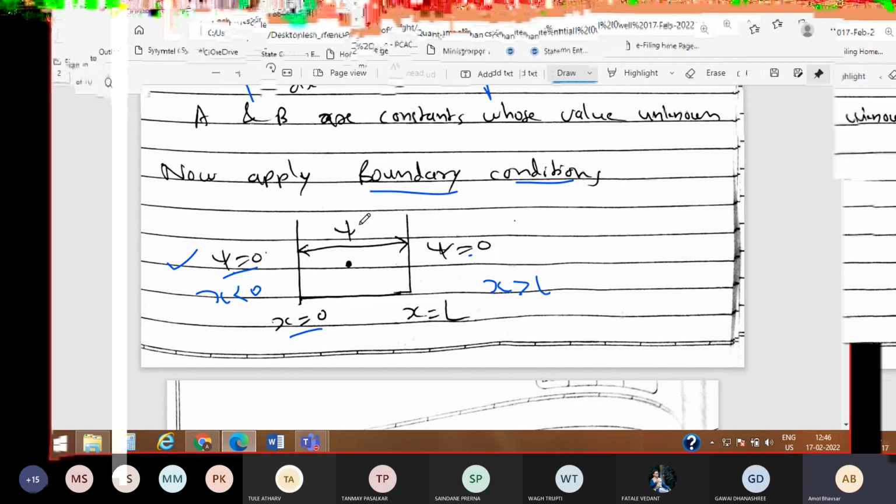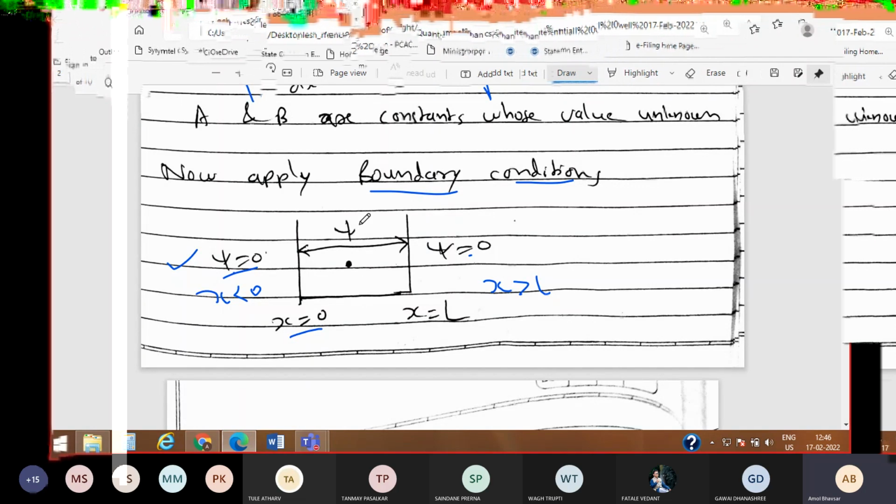Now apply the limits. We are applying the limit 0 to l on this equation. So my equation becomes: the value of x is l minus 0, or you can say l. So a square by 2 into l, I am getting here a square by 2 here.